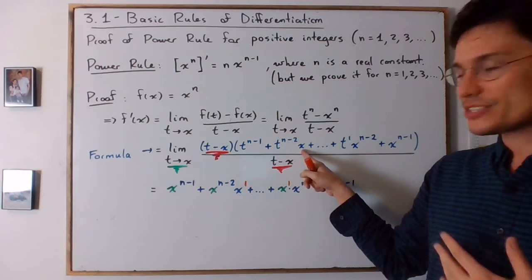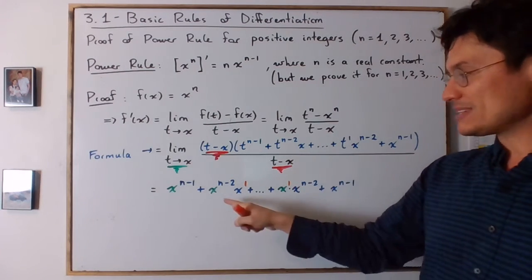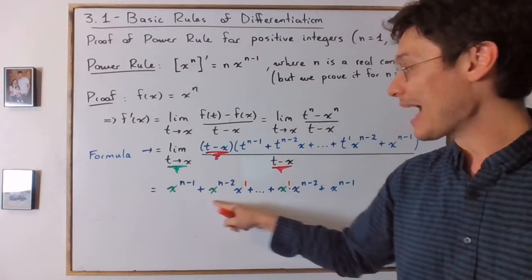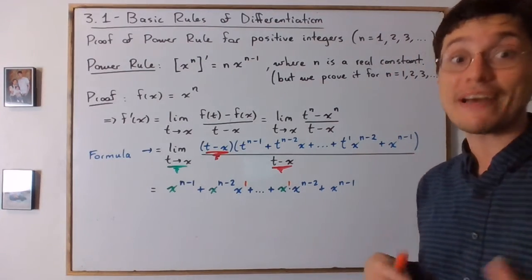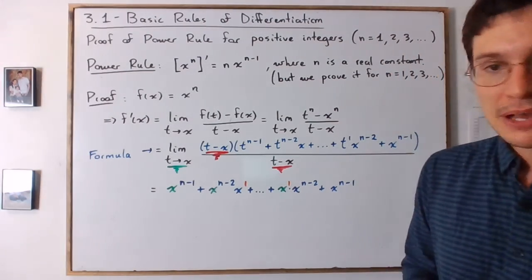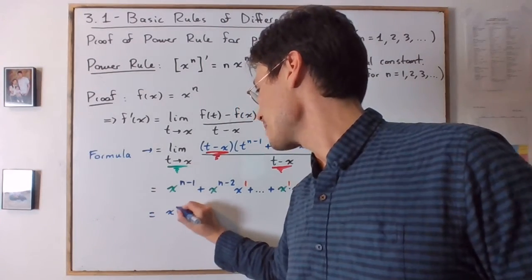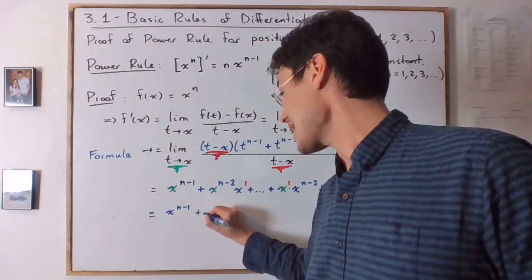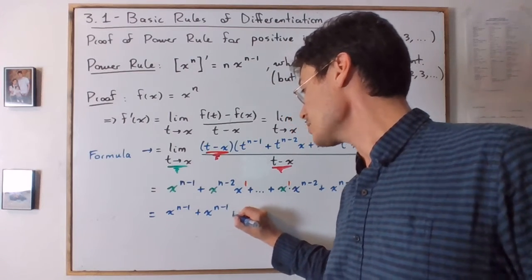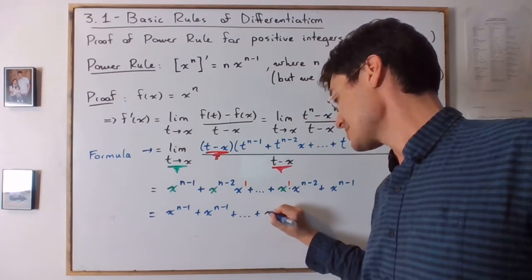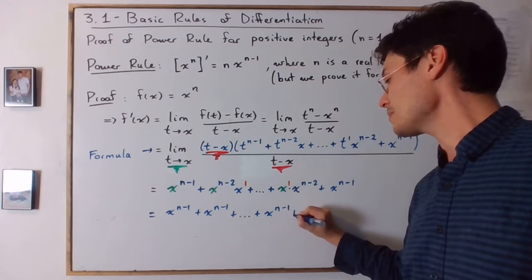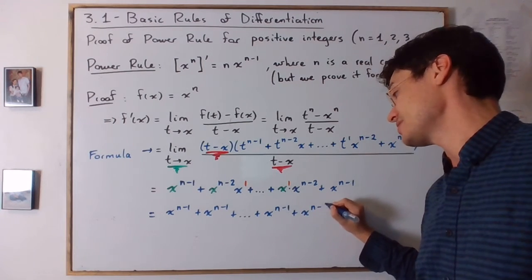So in other words, as t gets replaced with x, these all have the same exponent of n minus 1. So what you end up getting is x to the power of n minus 1, plus x to the power of n minus 1, plus all the way up, plus x to the power of n minus 1, plus x to the power of n minus 1.